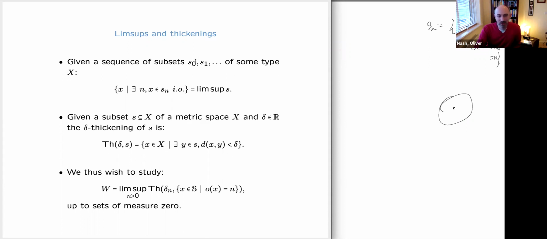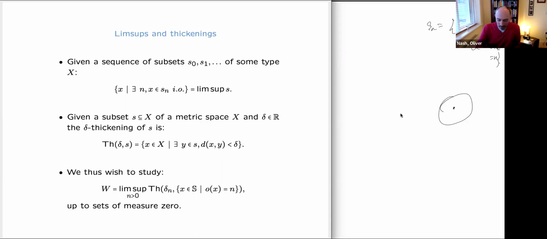So if we give ourselves the language of limsup and give ourselves a language of thickening, both of which make sense on the circle, then we can define the set that we're trying to study. We're trying to show it's either almost none of the circle, almost all of the circle. You can define this as a limsup of the thickening of a sequence of sets. You thicken by your input sequence delta n, and then what do you thicken? Well, you thicken the points of order n.